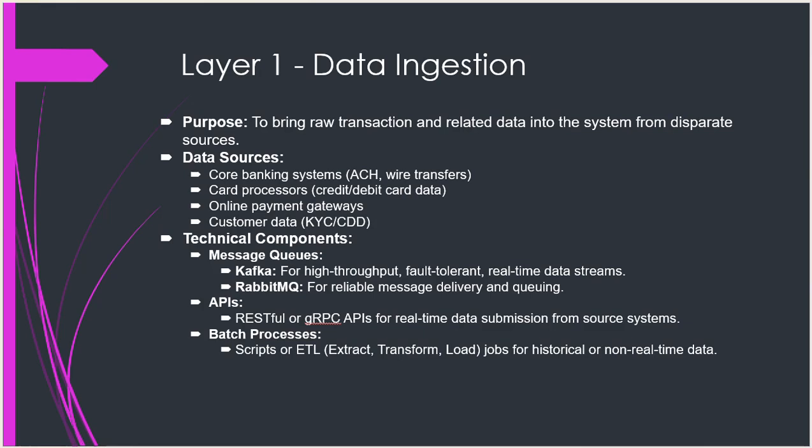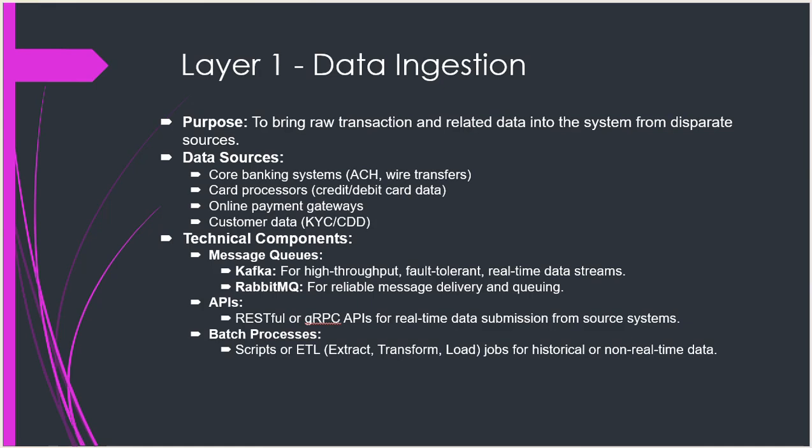So online payment gateway data and the customer data like KYC and customer due diligence data, to check against the sanction list, internal or external. So these are the data sources where the data is collected, and that data will feed to the transaction monitoring system. So that is the ingestion process.